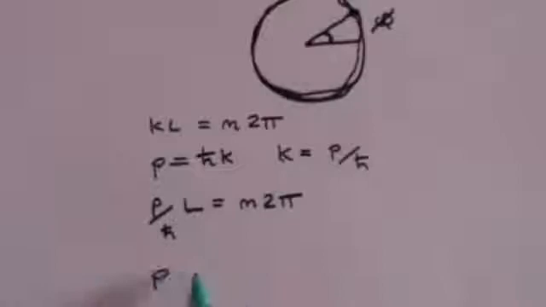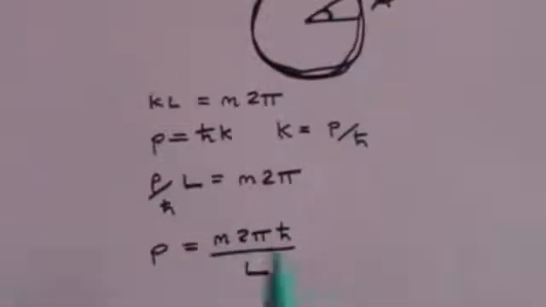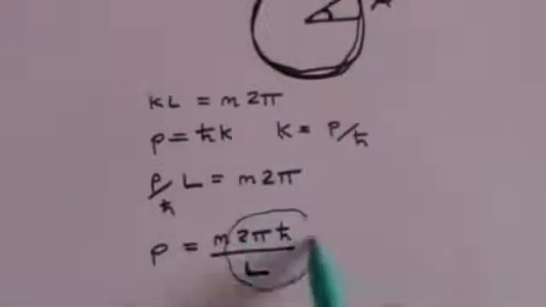Then if we put everything on the other side apart from p, we get that p is equal to m times 2 pi h bar over L. And I remind you that m is an integer. Now these are all constants, 2 pi, h bar, and L of course doesn't vary. So this is all a constant.